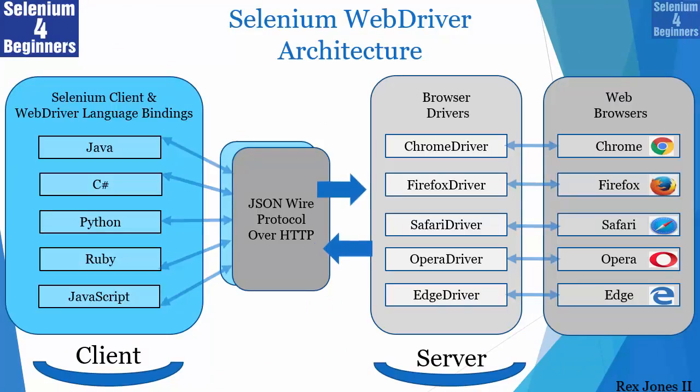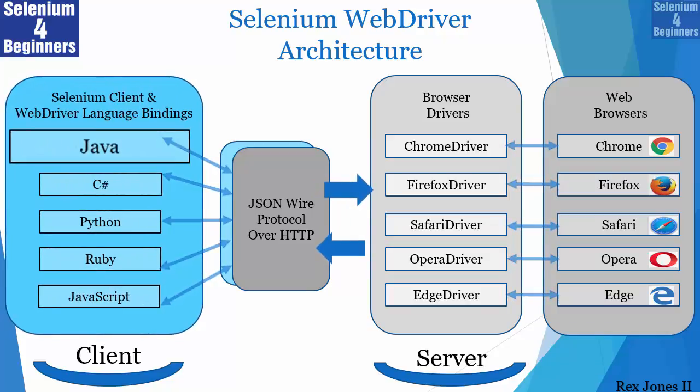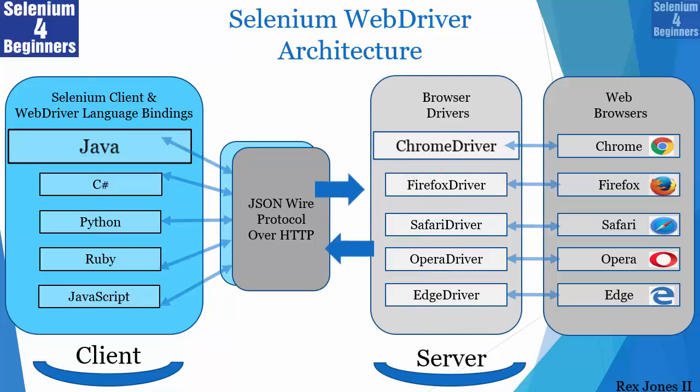Let's recap the Selenium architecture using our test script. With the first component, we wrote our Selenium commands using Java. A request was sent to set up chromedriver, load the web page, and print the page title. The JSON Wire Protocol received the request, then changed that request to a format so chromedriver can understand the command.